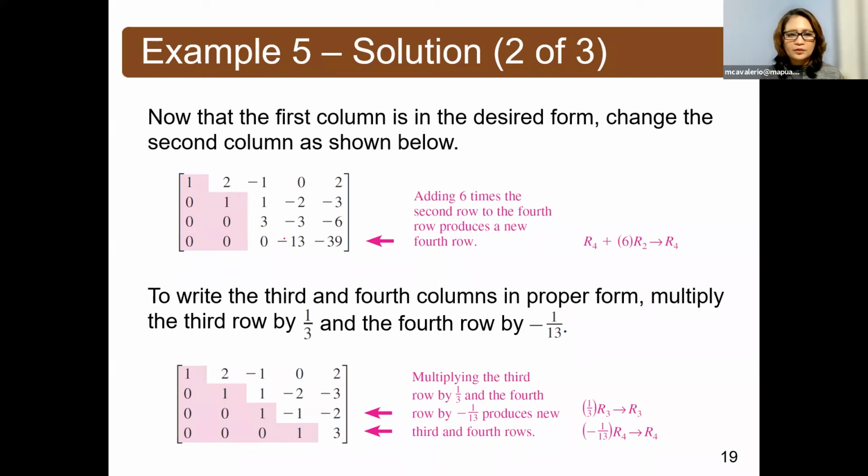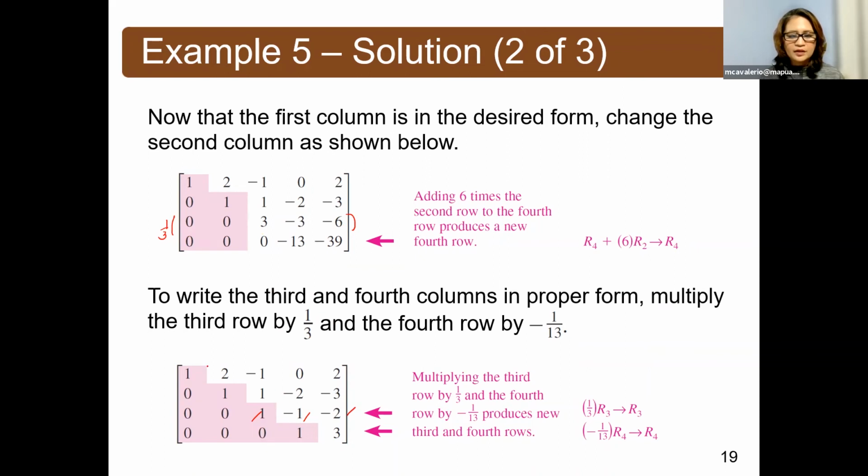Now, we can actually simplify row 3. If we multiply row 3 by 1/3, then this one becomes 1. Negative 3 times 1/3 becomes negative 1. And negative 6 times 1/3 becomes negative 2. And then we already have a 0 below that one.